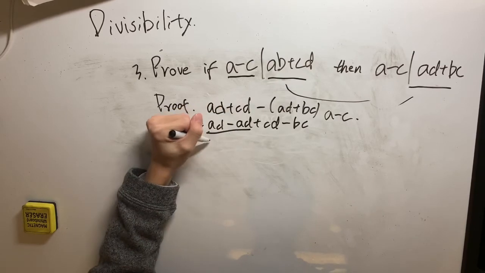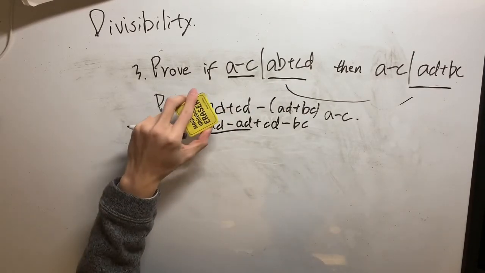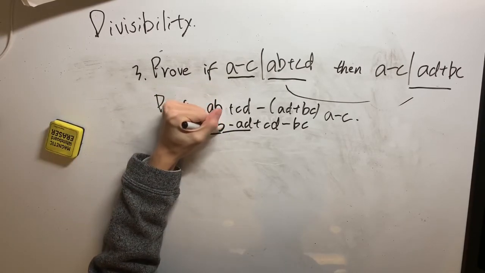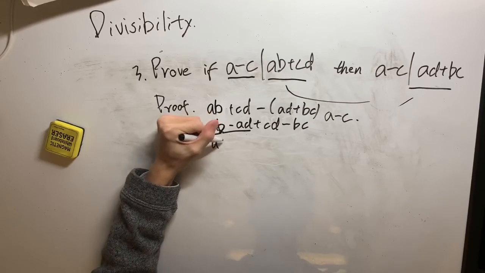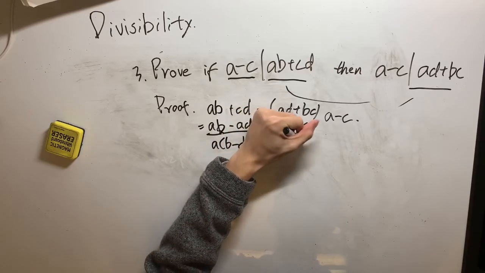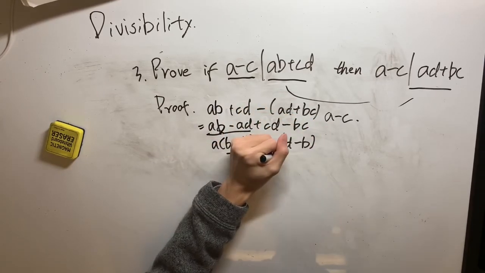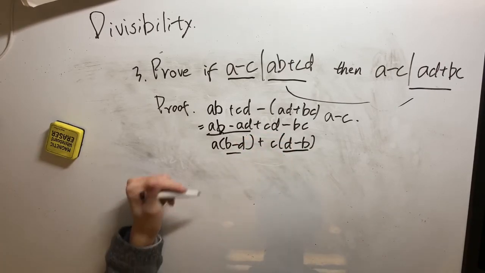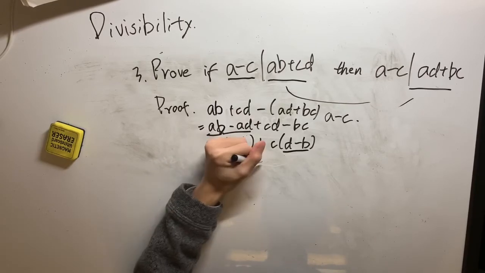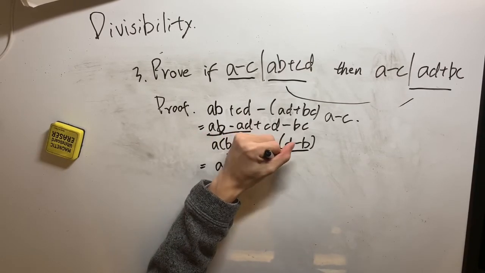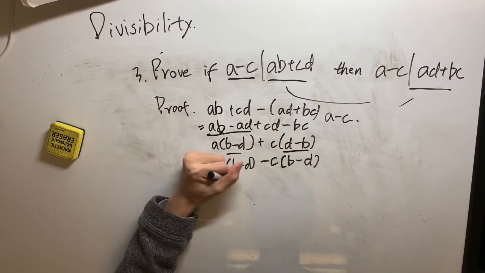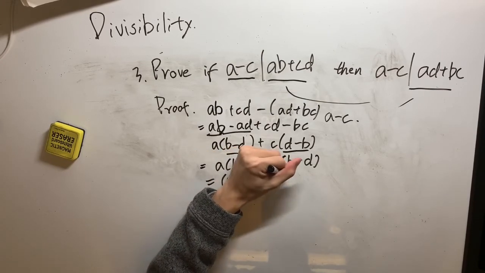We can simplify this as a times b minus d, plus c times d minus b, and b minus d is the negative of d minus b, so a times b minus d equals minus c times b minus d, and that equals a minus c times b minus d.